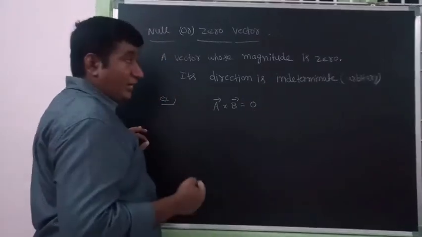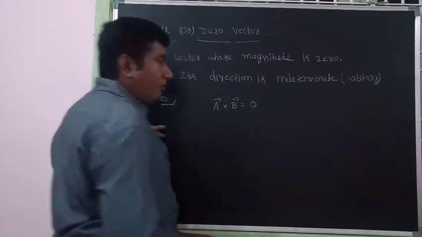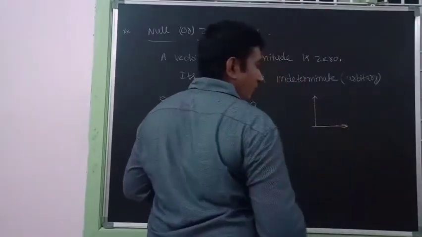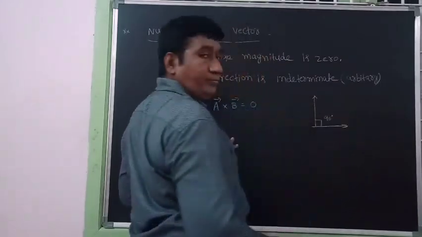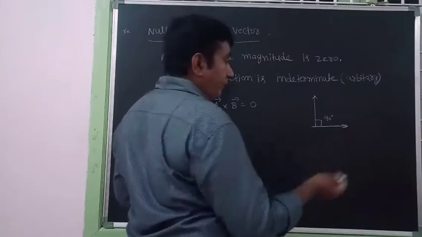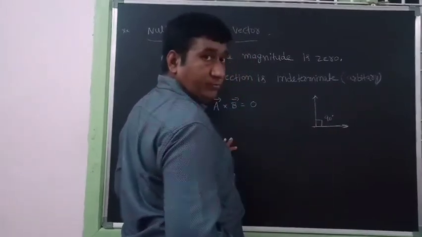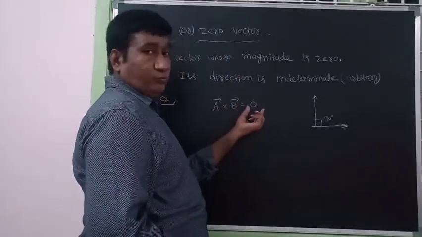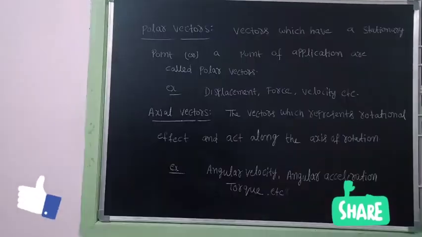Its direction is indeterminate. For example, if this is A vector and this is B vector, whose angle between them is 90 degrees, the resultant will act in one more direction. So like this, A vector cross B vector is equal to 0. Magnitude is 0 and its direction is indeterminate.